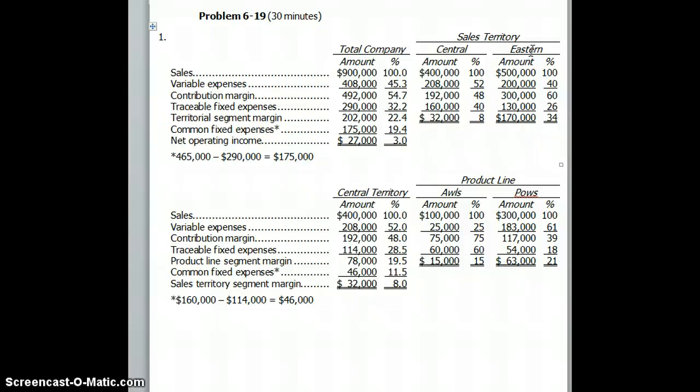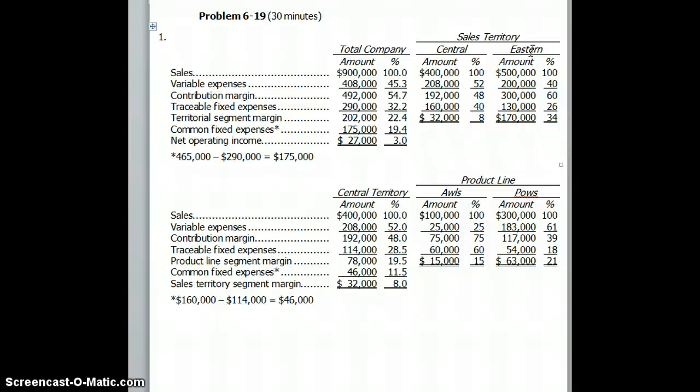So by going through Part B here of Alls and PALS, we then go through and find out that Alls have $100,000 of revenue. We're told that the variable cost for that is 25% for Alls, therefore leaving us with contribution margin of $75,000. Our traceable fixed costs are $60,000 as given in the book for Alls, leaving us with product line segment margin of $15,000 for Alls.